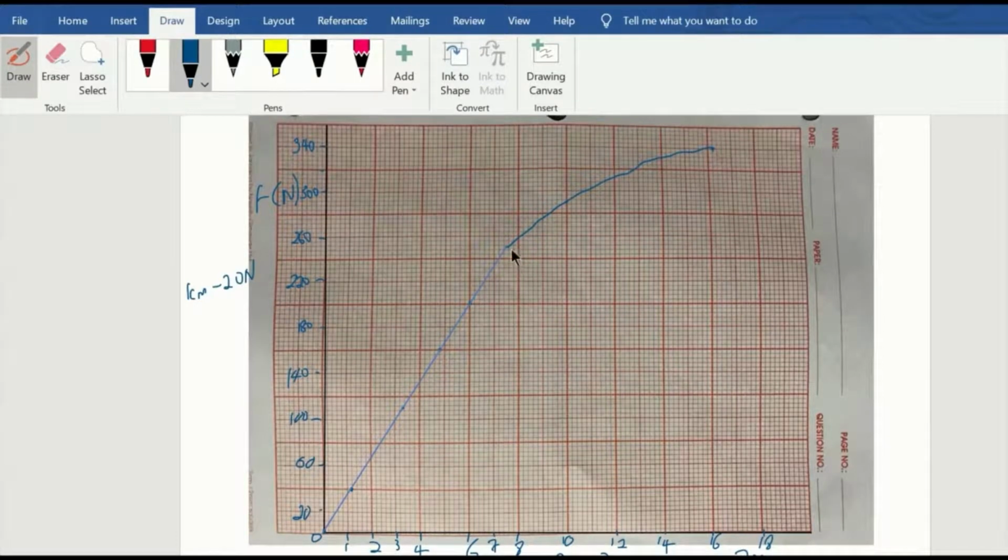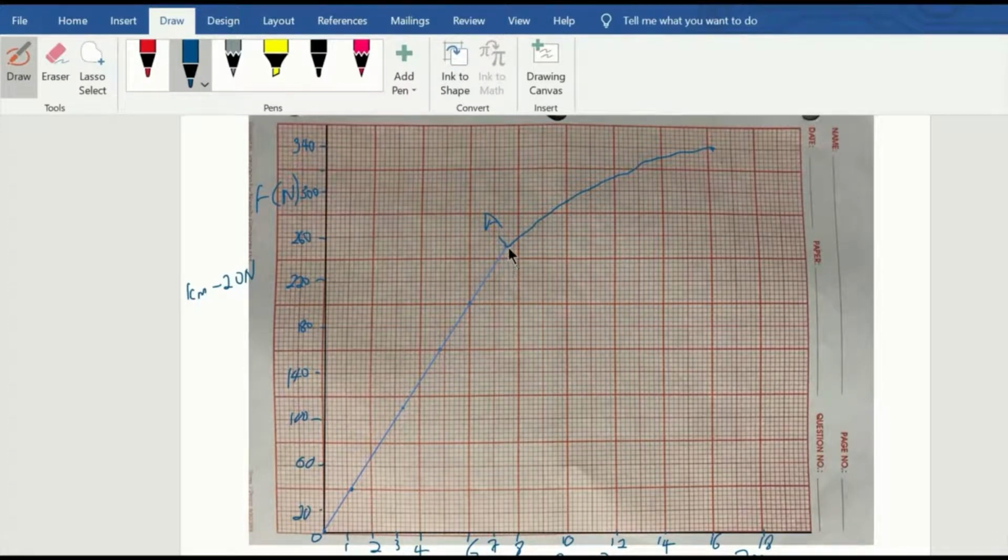Now this point, I call this point my A. Now this here is the elastic limit. From this point where the line begins to bend, the force is no longer proportional to the extension, but from 0 to A, the force and extension are proportional.